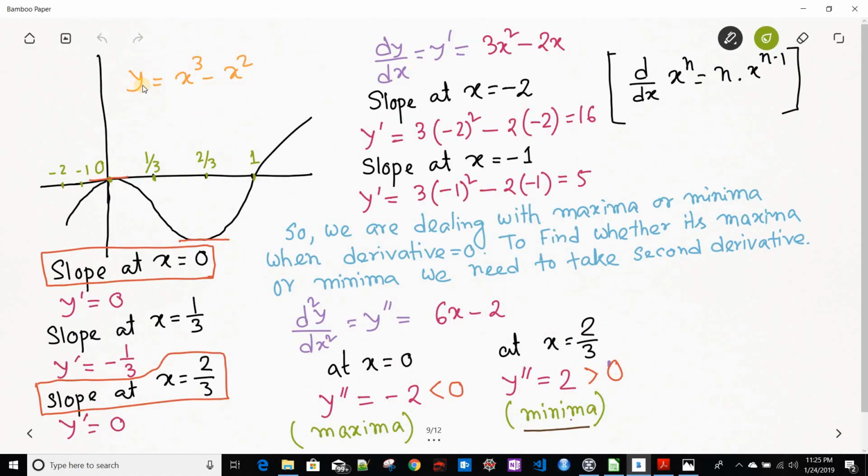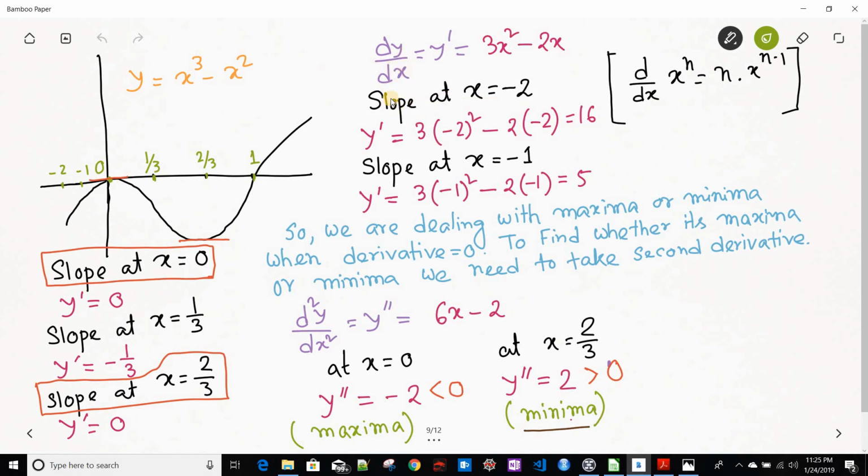If we plot y equals x cube minus x squared, the curve will be something like this, with a lot of points like 0, 1/3, 2/3, 1, and minus 1, minus 2. I have just marked them on the graph, not drawn to scale. If I take dy/dx, which we can represent as y', it will be nothing but 3x squared minus 2x. I think we already know this from our class 12 math, correct?